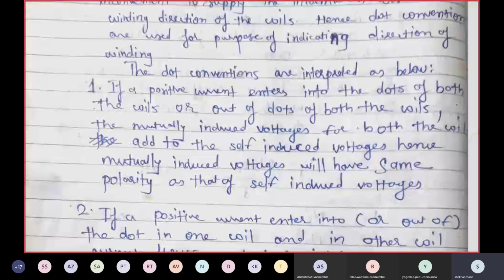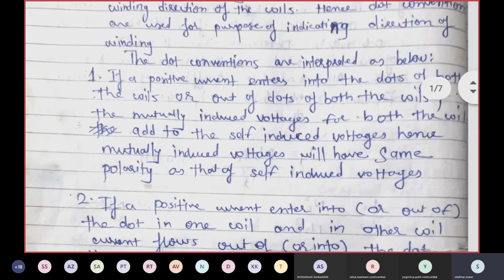Addition means what? The mutually induced voltages have the same polarity as that of self-induced voltages. So this is the first part. When both the currents are entering or both the currents are coming out of the dots, that time mutually induced voltages have the same polarity as that of self-induced voltages.